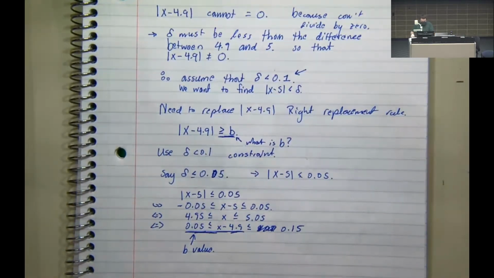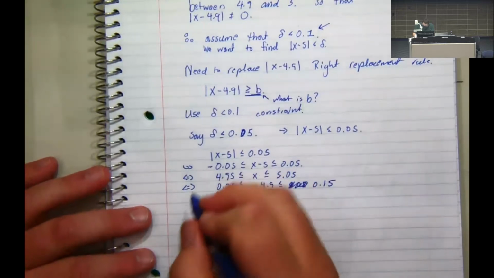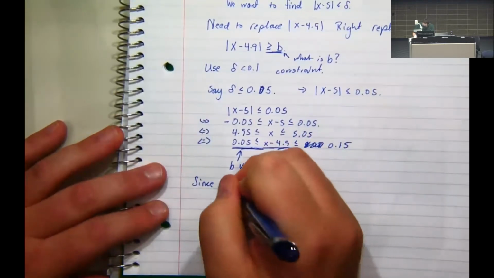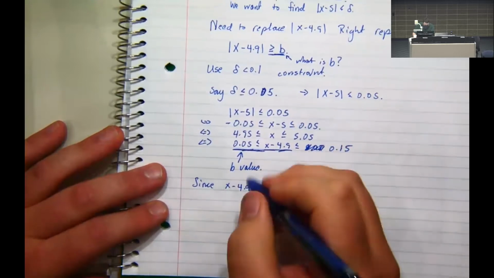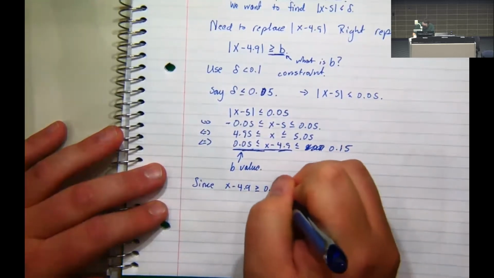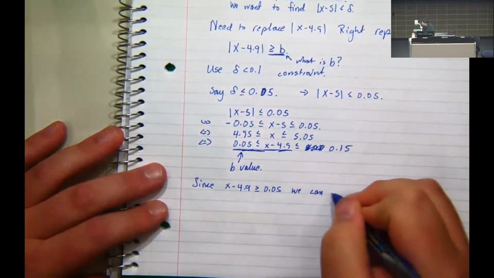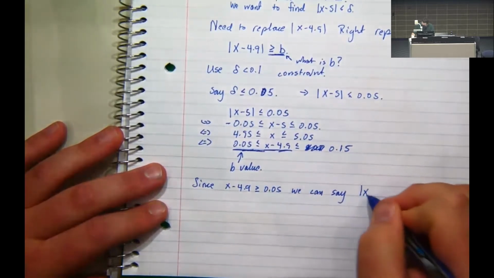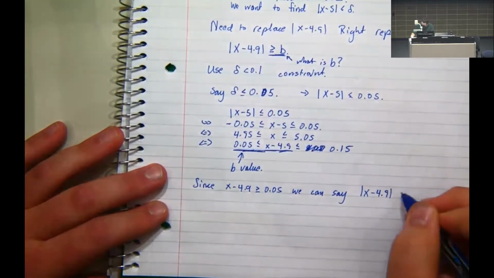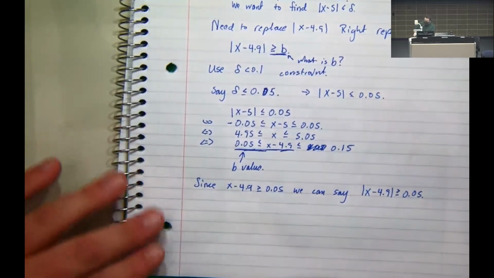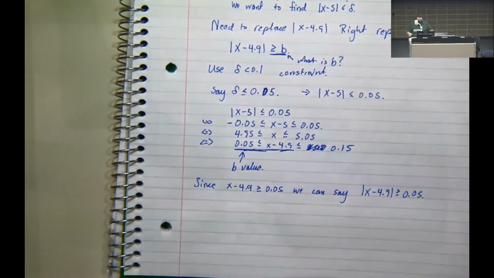Okay, a few more lines. Since x minus 4.9 is greater than or equal to 0.05, we can say the absolute value of x minus 4.9 is greater than or equal to 0.05. Okay, and now we're going to go back to our proof.